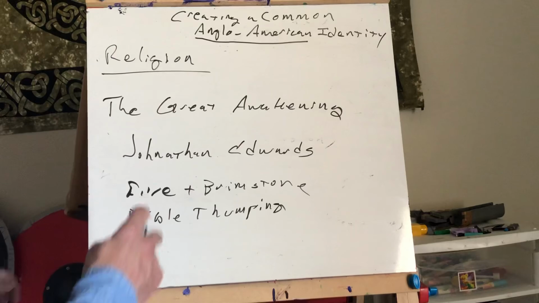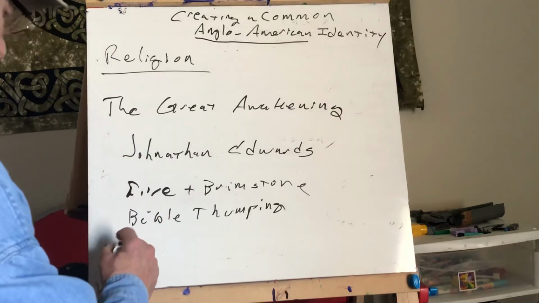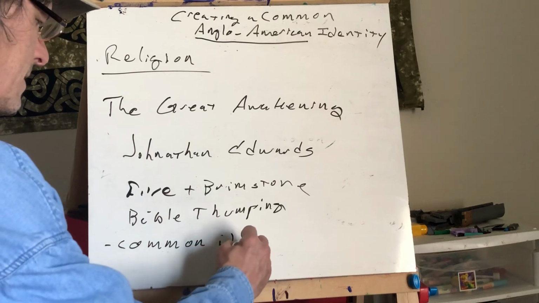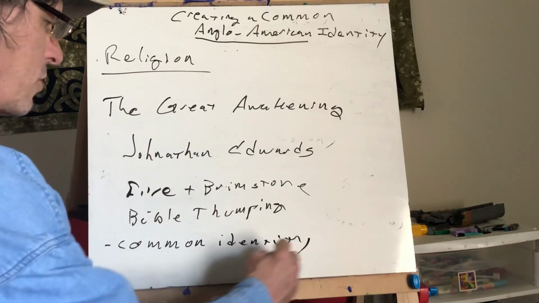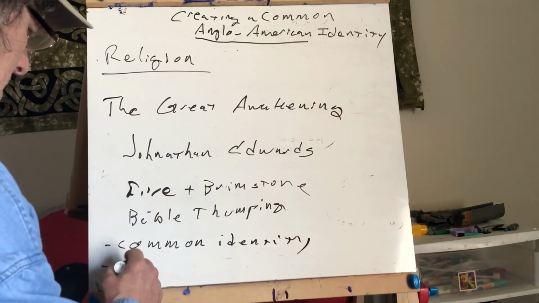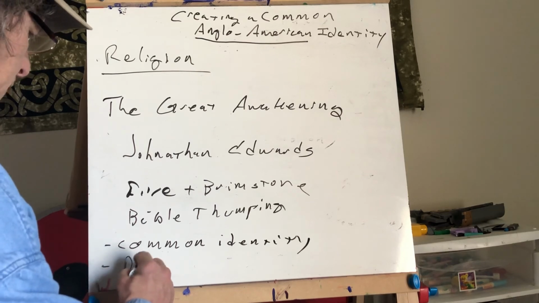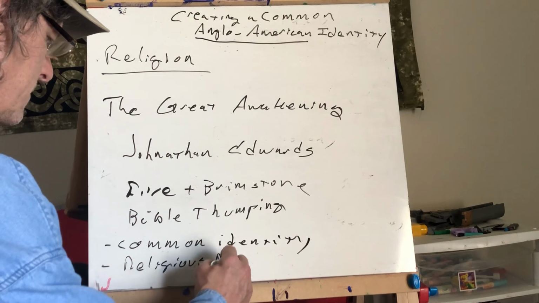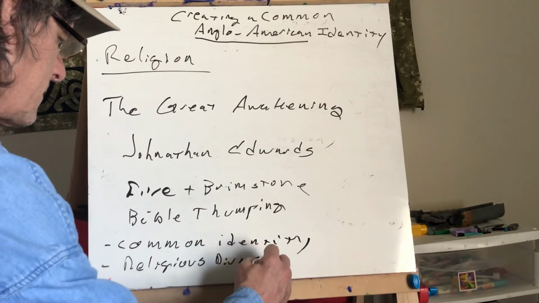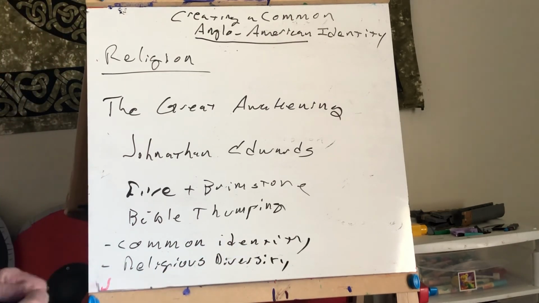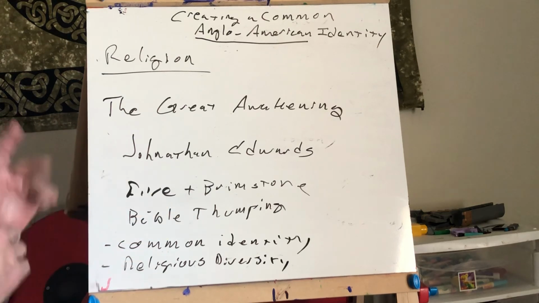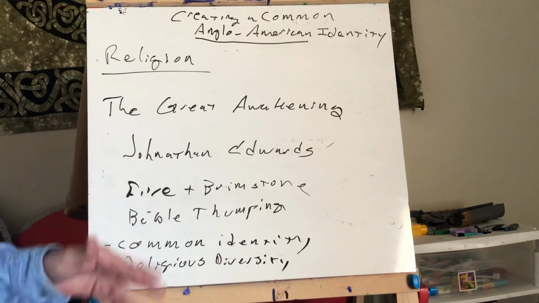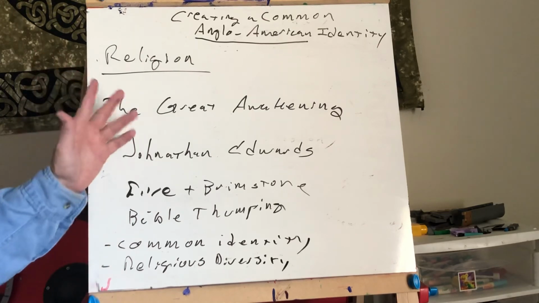Another thing that this is going to lead to then, not just common identity through this shared cultural phenomena, but also religious diversity. It's going to lead to creation of new Protestant faiths, but also the spread of existing Protestant faiths.